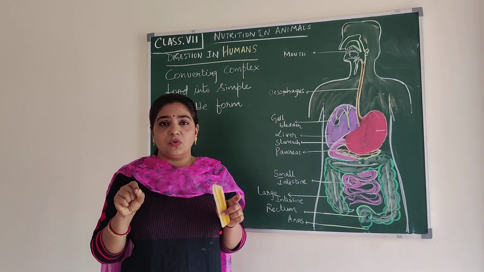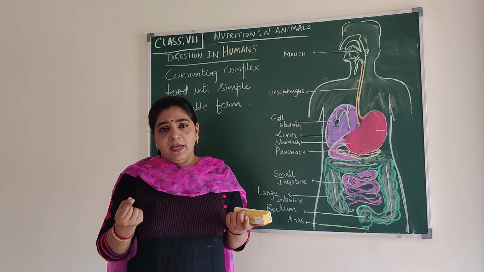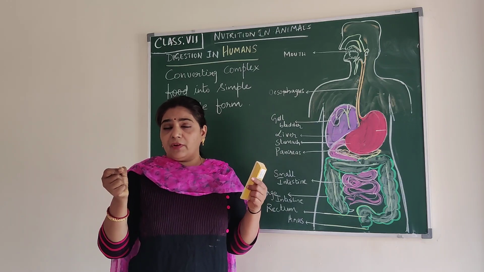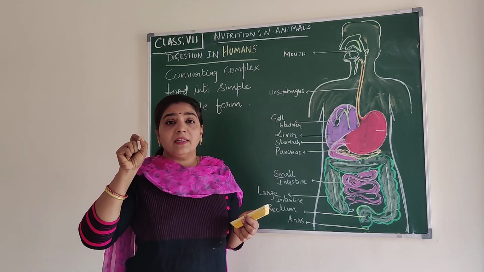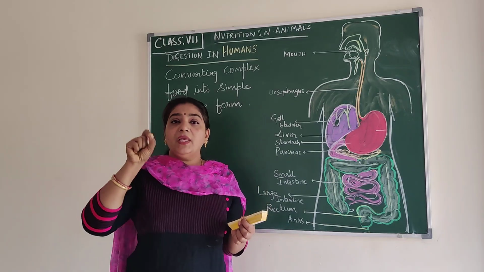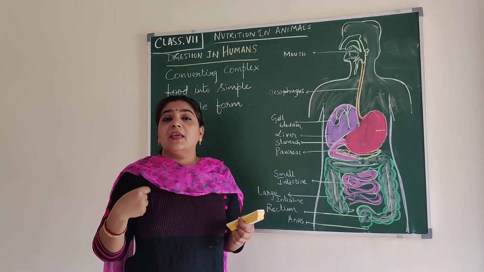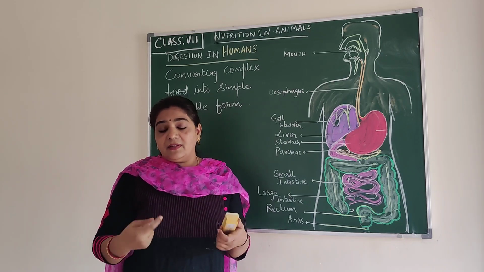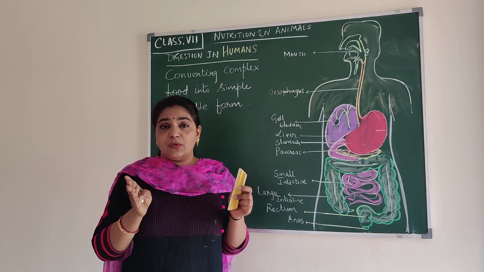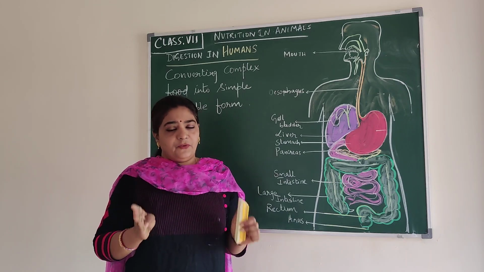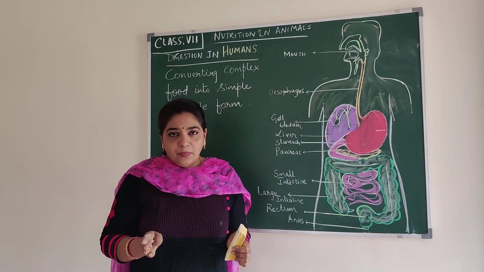I am saying it's microscopic, that means we cannot see it with our naked eye. So whatever food we have taken in has to enter inside the cell. Only after it gets inside the cell can we get the energy. The energy is released.